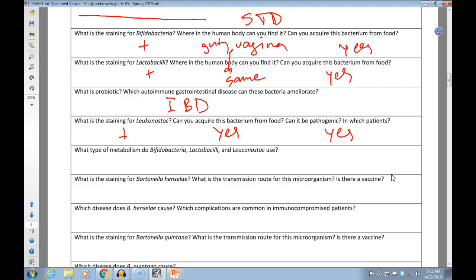What type of metabolism? Remember these three microorganisms. What's common between them? They are all gram-positive, they are all probiotic, and they are all fermenting microorganisms.